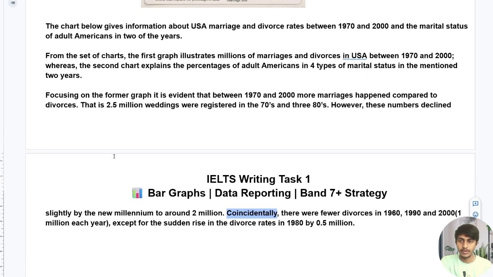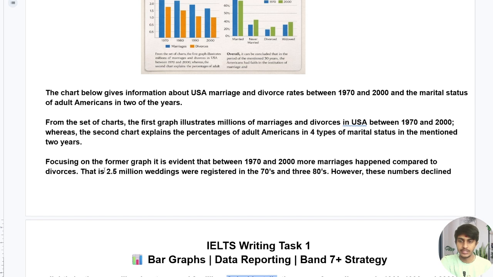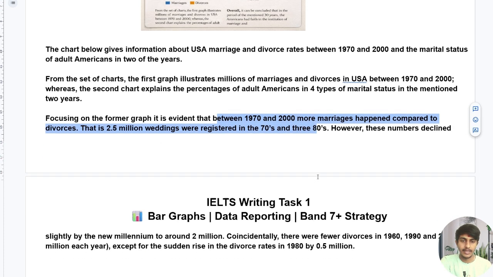So here's our body paragraph 2. Focusing on the former graph, it is evident that between 1970 and 2000 more marriages happened compared to divorces. That is, 2.5 million weddings were registered in the 70s and 80s.